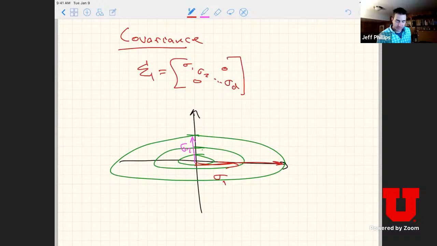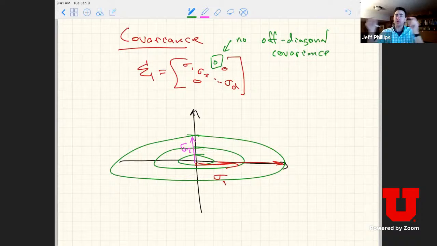Now that's if it has the simple covariance where there's no correlation, because I have a 0 here, no off diagonal. That means if I move in one direction, it doesn't tell me anything about the movement in the other direction.